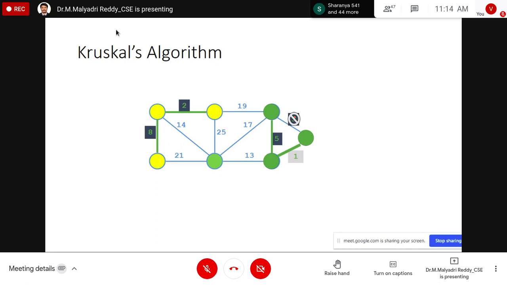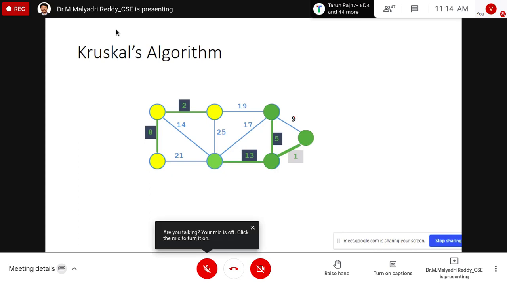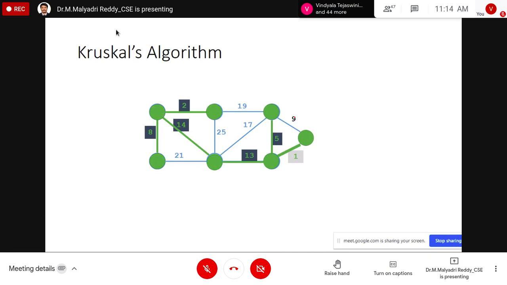Yes, it does not include. It forms the cycle. Yes, sir. Next 13. Yes, sir. Right. Next 14. Right. Completed a graph. Yes, sir.